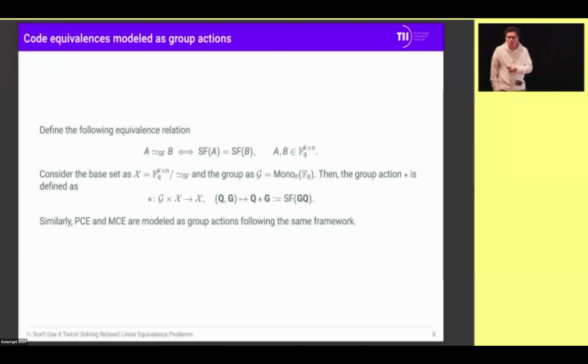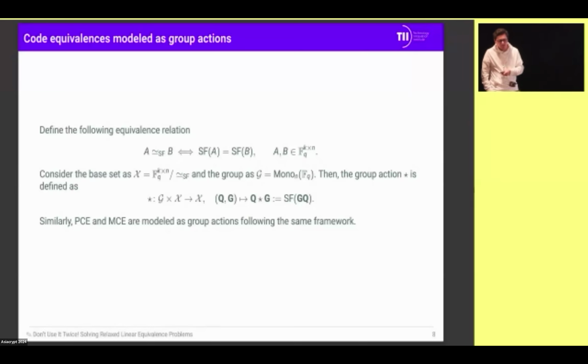Now we have this mathematical and algebraic description, and how it maps to the group action. Essentially, you are going to work over the set of invertible matrices, and for the group, in particular, monomial matrices. The set is just a quotient: you have a rectangular matrix, you apply the reduced row echelon calculation, and then you get a representative.